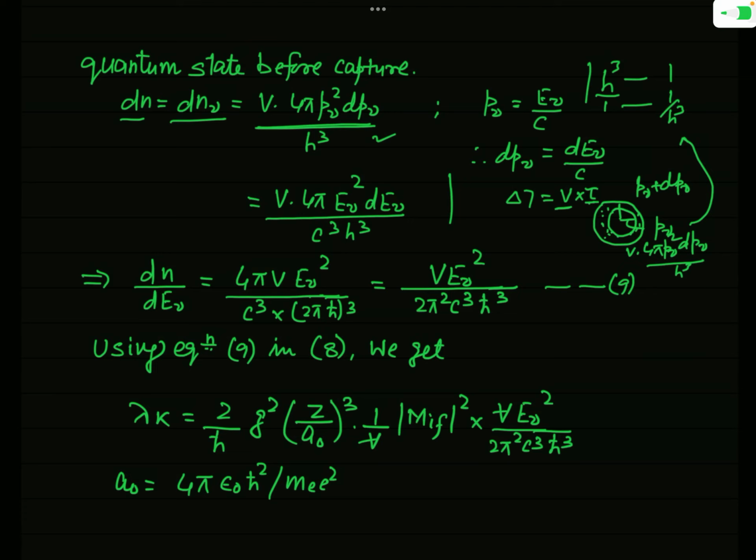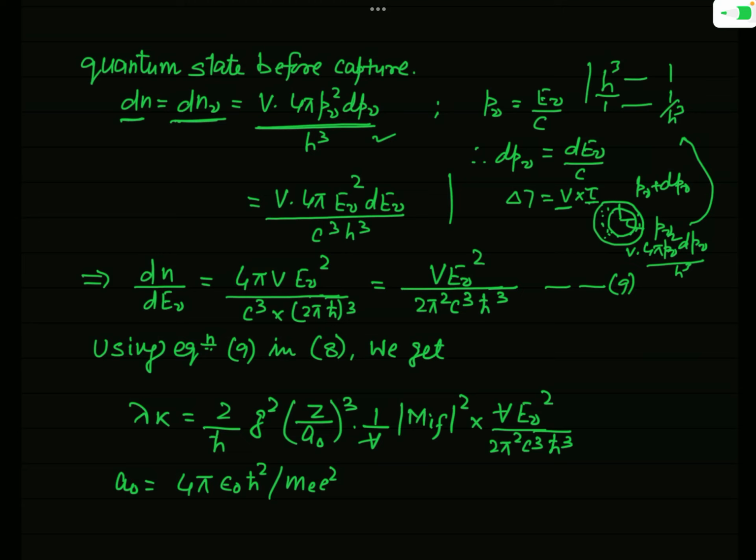As I have told you, in this case the number of quantum states means the number of quantum states of the neutrino, because the electron has a definite quantum energy and so its quantum state will be definite. So we have to consider only the number of quantum states of the neutrino.